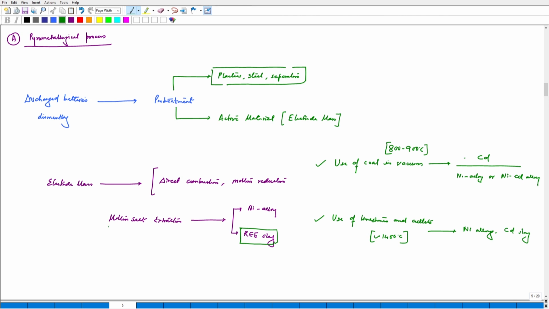Now these are some important processes by which you can help in treating the black mass, the electrode mass, for recovery of various metallic values from nickel based batteries. Now this is a very common way of handling wastes, so it has been applied in many industrial ventures as well.